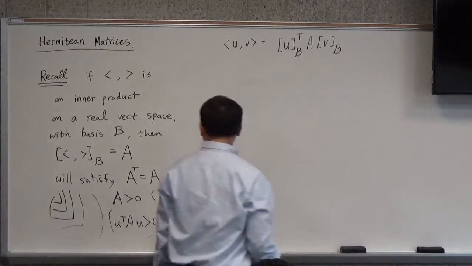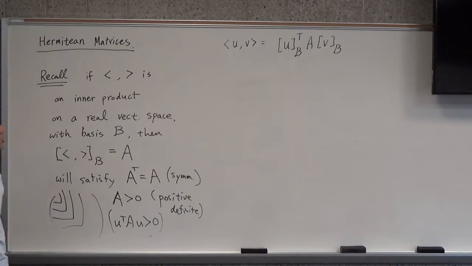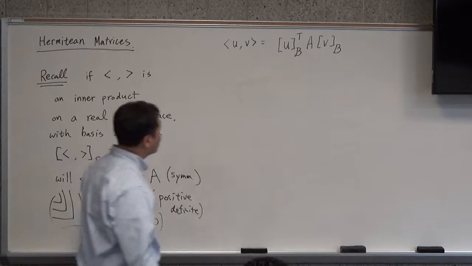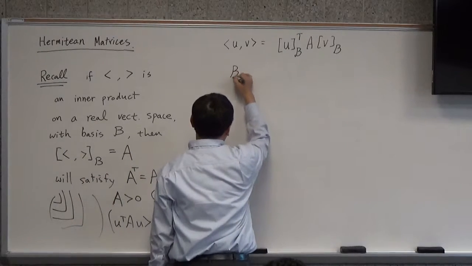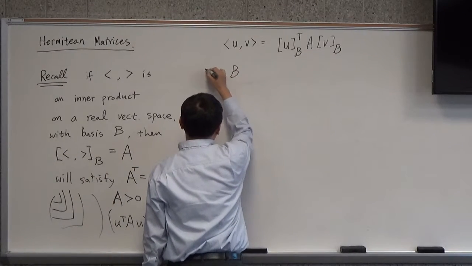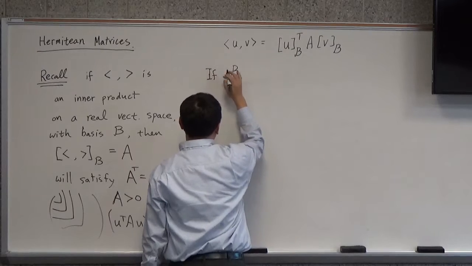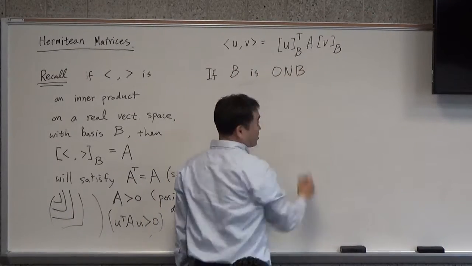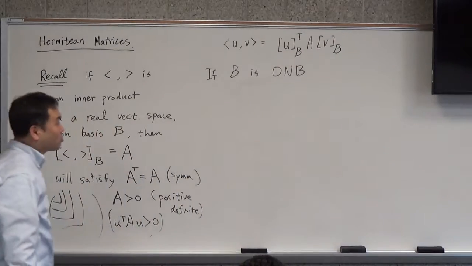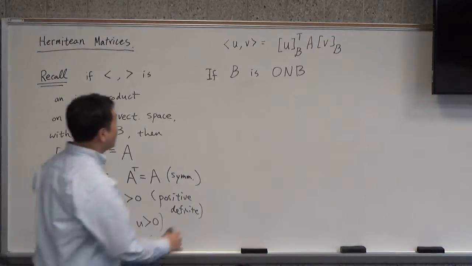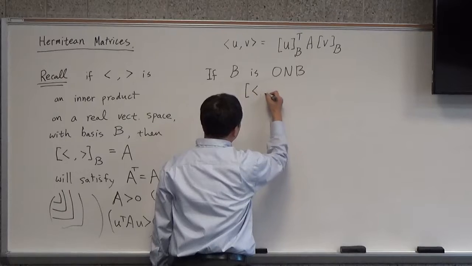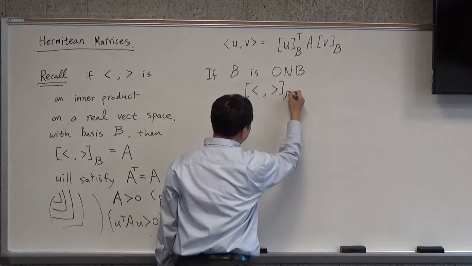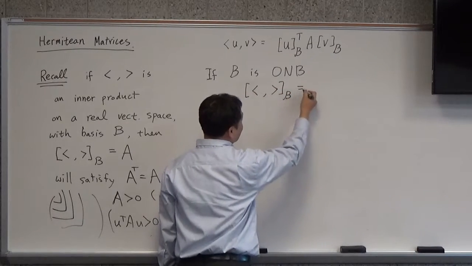Now, another thing that we learned was that if you have a basis B that is an ONB, what does ONB stand for? Orthonormal basis. Then the matrix form of the inner product looks very simple.